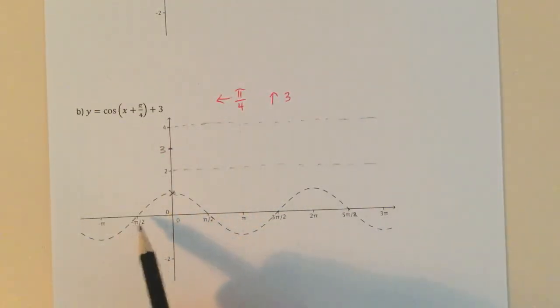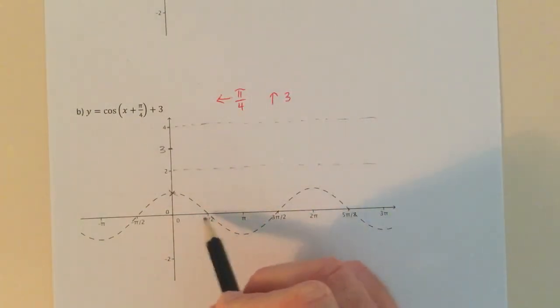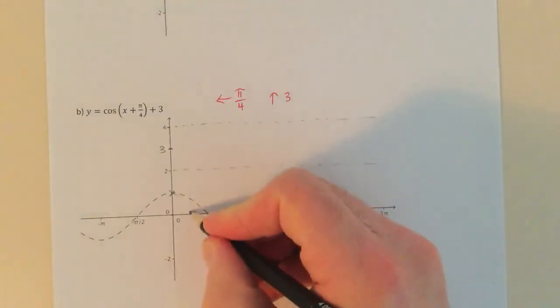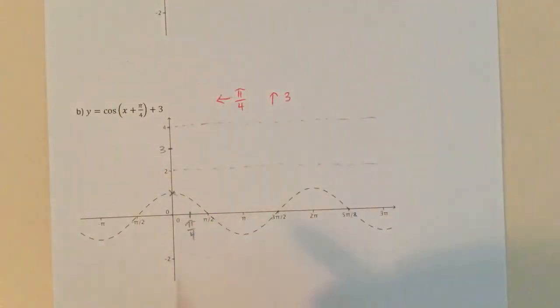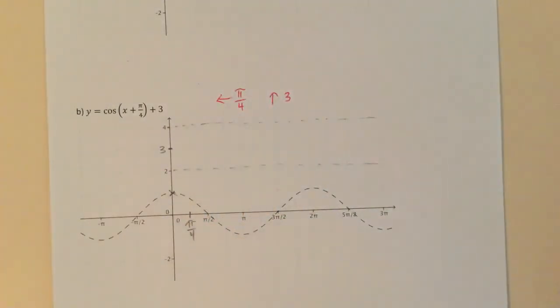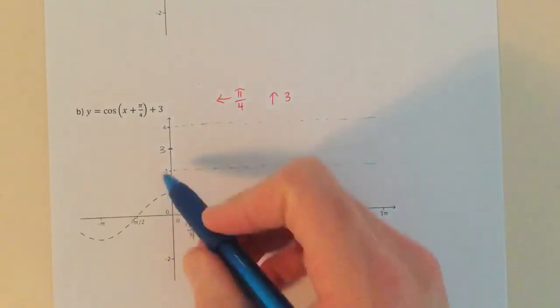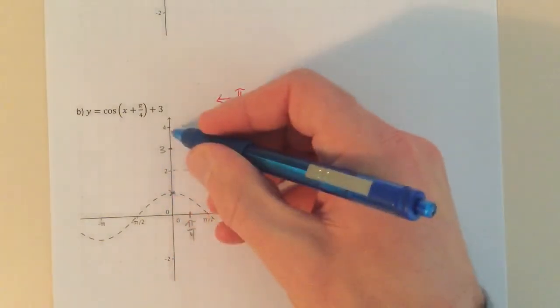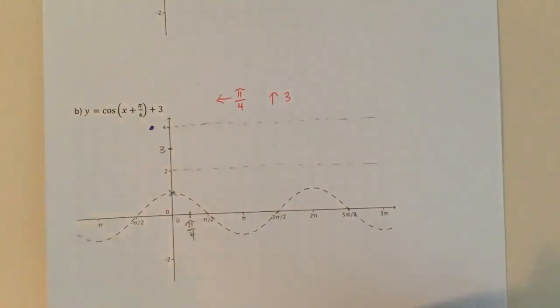The grids have been pretty convenient in these questions. Every 2 grid lines is pi on 4, so every 2 grid lines is pi on 2, which means each individual grid line is pi on 4 units. So when we move left by pi on 4, we're just moving across by 1 grid line. Maximum here: move it up by 3, 1, 2, 3, and then left by pi on 4. That's where it ends up.